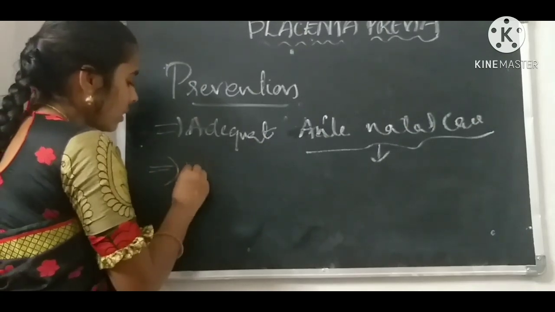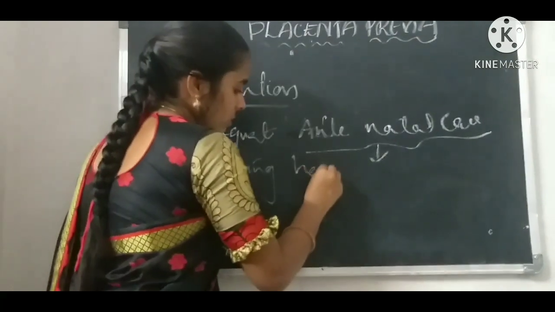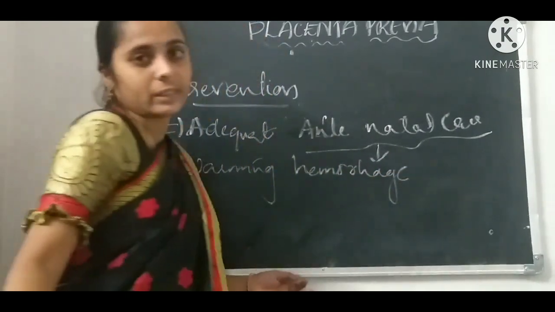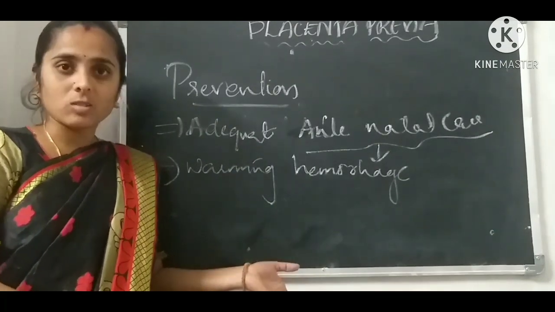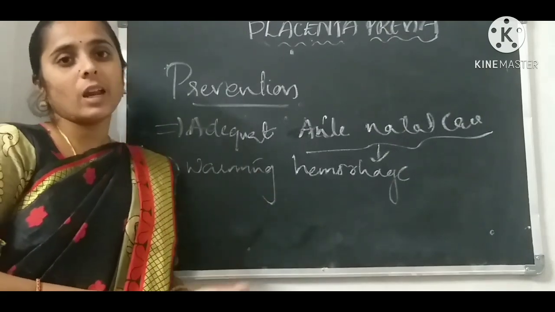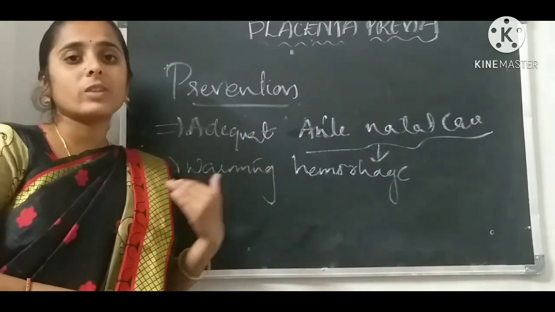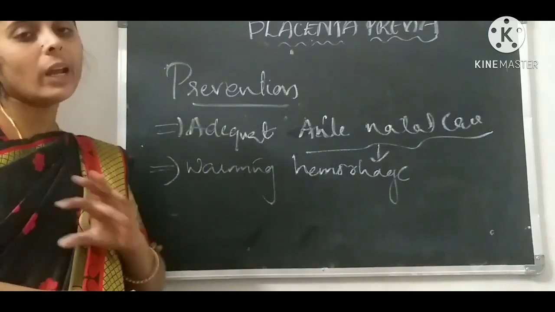Next, warning hemorrhage should not be neglected. The first sign and symptom of placenta previa is hemorrhage. If there is any hemorrhage, it should not be neglected, and we should immediately visit the hospital. This warning sign of hemorrhage should not be avoided.